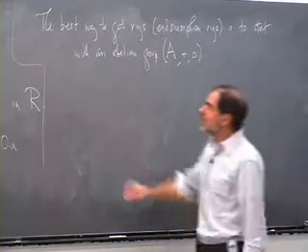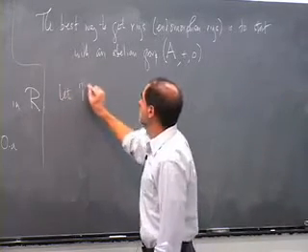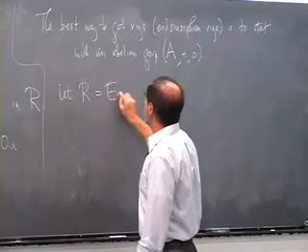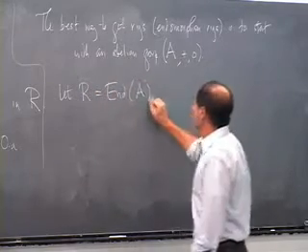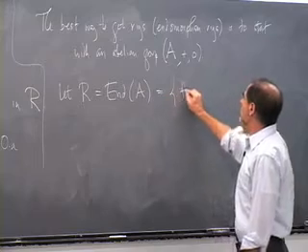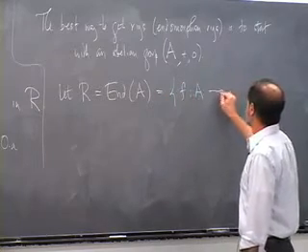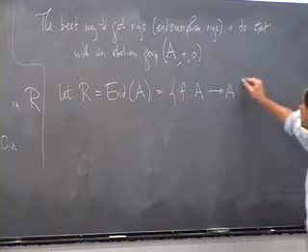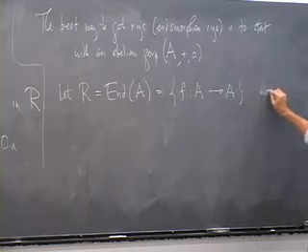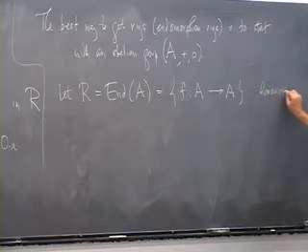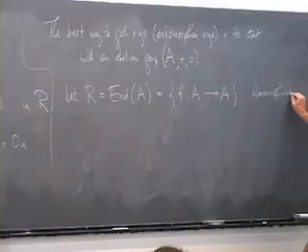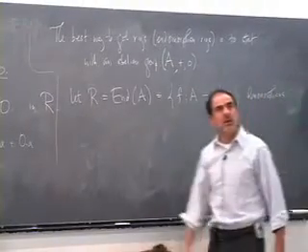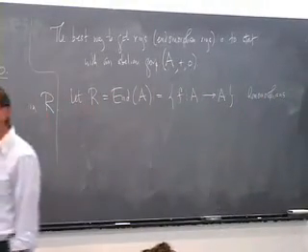And to let R, which is called the endomorphism ring of A, be the set of all homomorphisms F from A to A. All maps from the abelian group to itself, which are group homomorphisms.